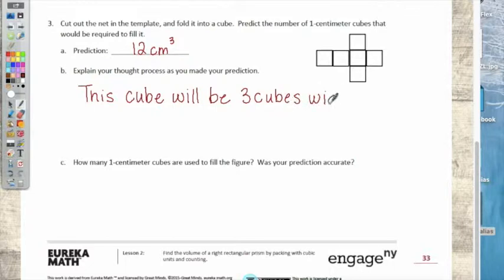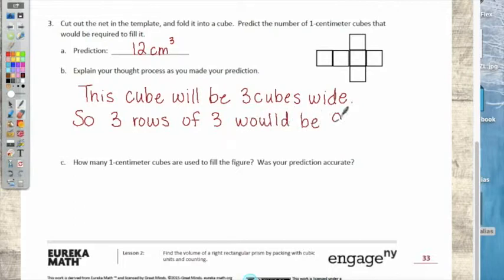Okay. What was your next thought, Farrah? And so if there were 3 rows of 3, then it'd be 9. Okay, and then since it was 3 wide, then it'd be 3 tall. 3 rows of 3, multiply 9 by 3. And in order to be a cube, would we have to have 3 again? Yeah. Okay? So to make a cube, it needs to be 3 tall, right?